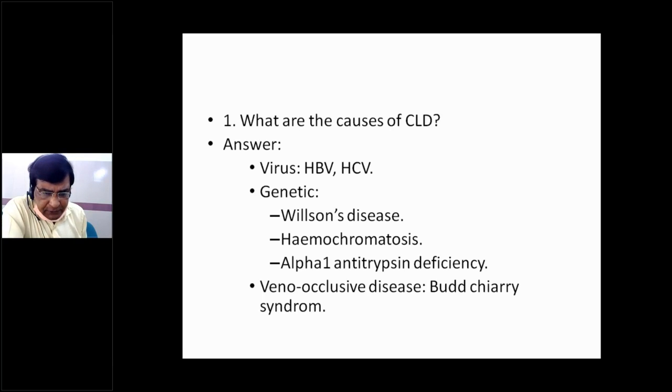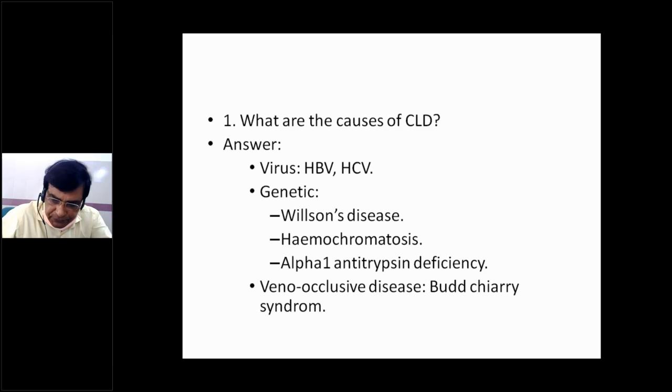The viruses causing CLD are hepatitis B and C virus, and some genetic diseases like Wilson's disease, hemochromatosis, alpha-1 antitrypsin deficiency. Among the veno-occlusive diseases, Budd-Chiari syndrome, actually portal vein thrombosis.